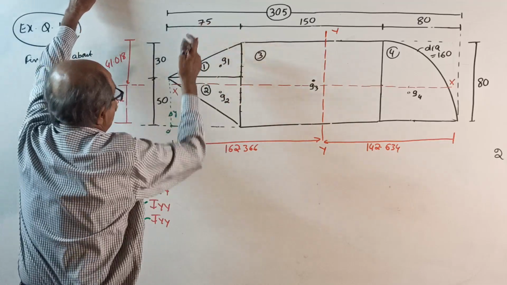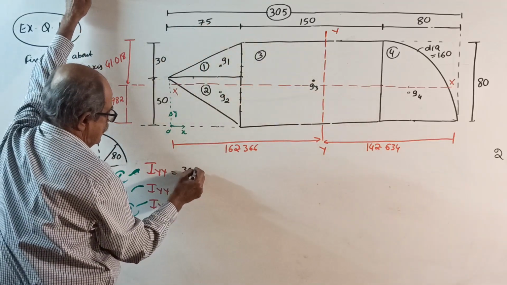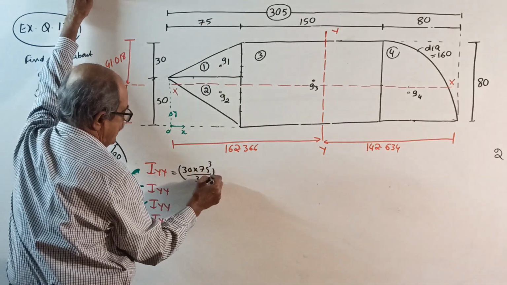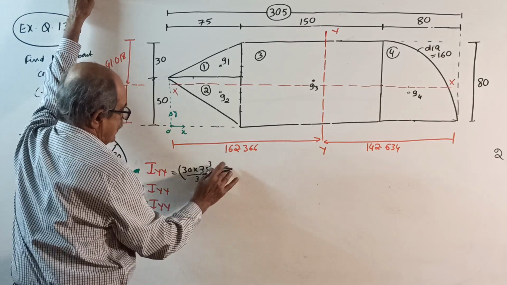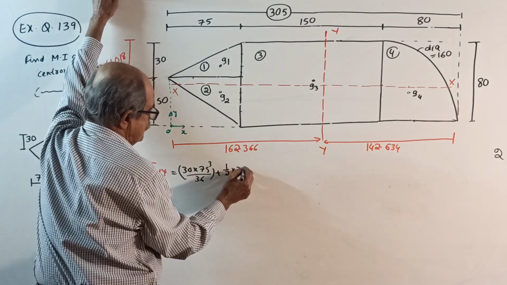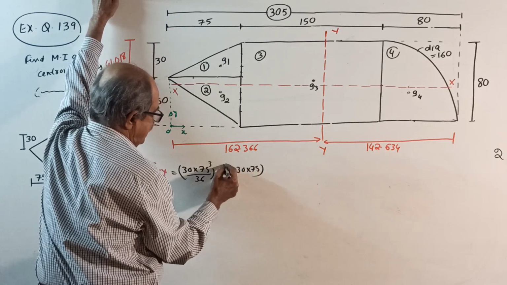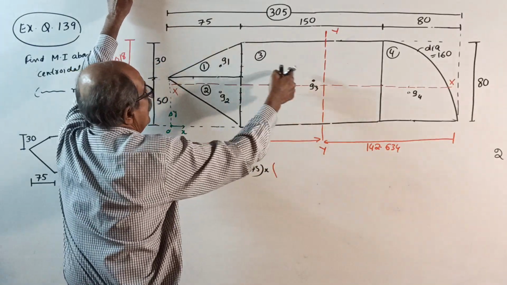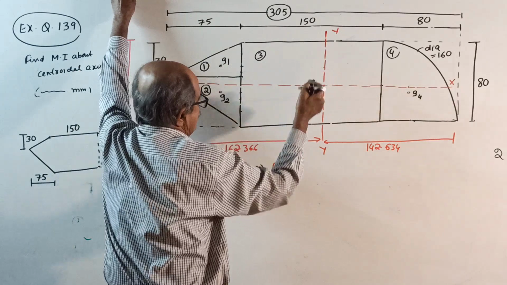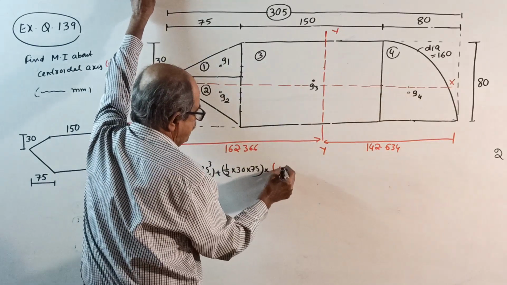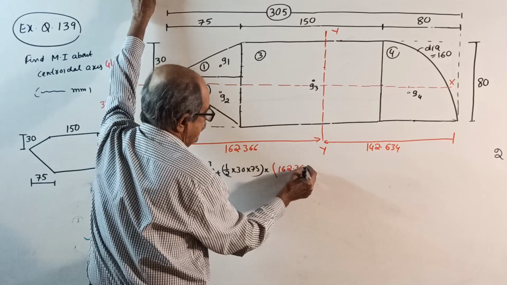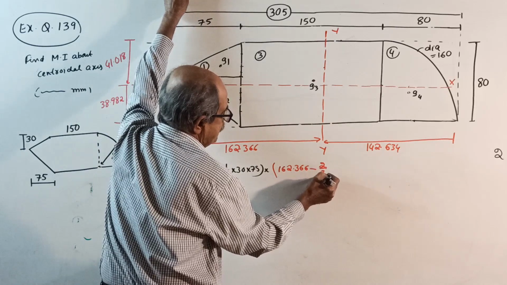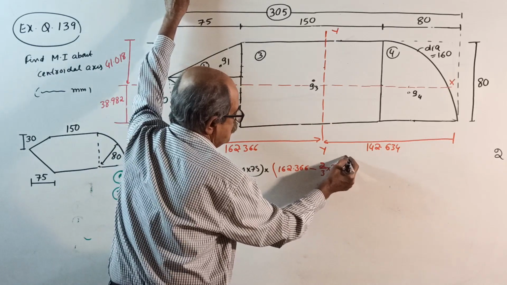Okay, start. I about its own axis, 30 into 75 cubed by 36 Ig plus half into 30 into 75 is the area into I about yy, doing this distance square, 162.366 minus this distance, which is 2/3 of 75, whole square.